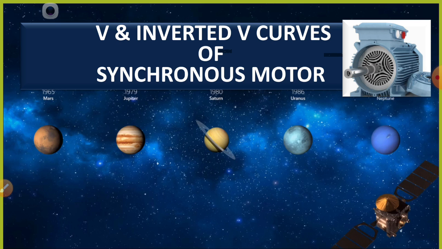And at the same time, we have also seen the power flow diagram in the synchronous motor: how electrical energy, the AC supply given to the stator, is converted into mechanical energy as an output.